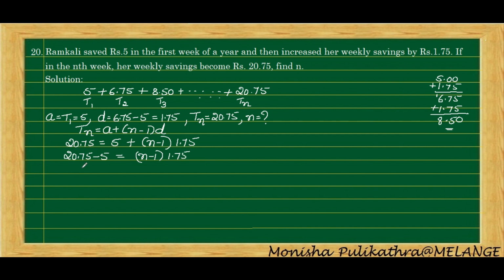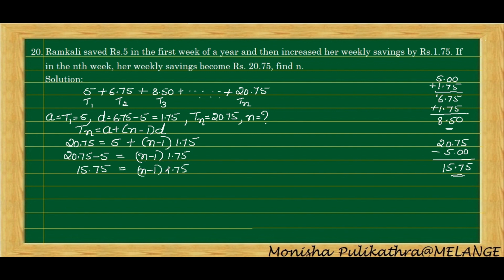So 20.75 minus 5 will become 15.75. So 5 minus 0 is 5, 7 minus 0 is 7, and 20 minus 5 is 15. Okay, this is 15.75 is equal to n minus 1 into 1.75.